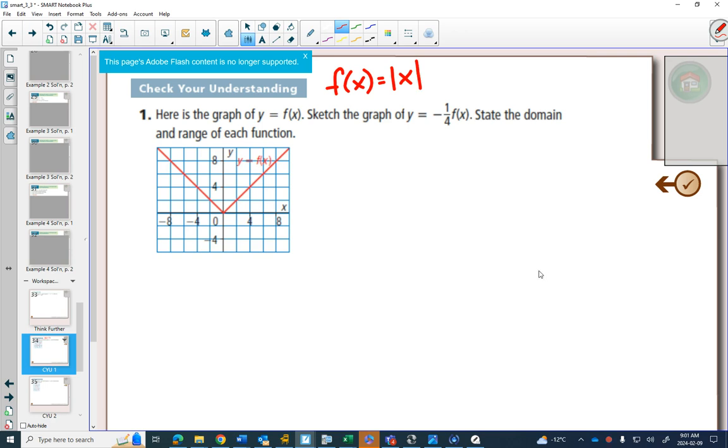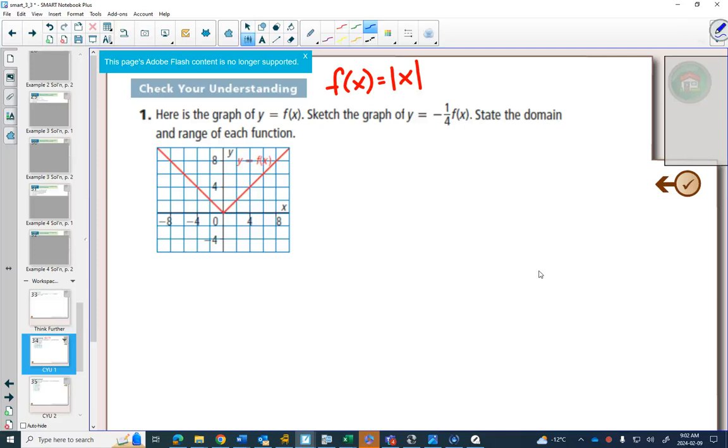So sometimes you just get a random graph that they call f of x. Sometimes they give you an actual equation. This question could have been, here's the graph of the absolute value of x. And sometimes it'll be a mix of both. So this one, they just said f of x. We know that it's the absolute value of x. And we want to sketch the graph of negative 1/4 f of x.